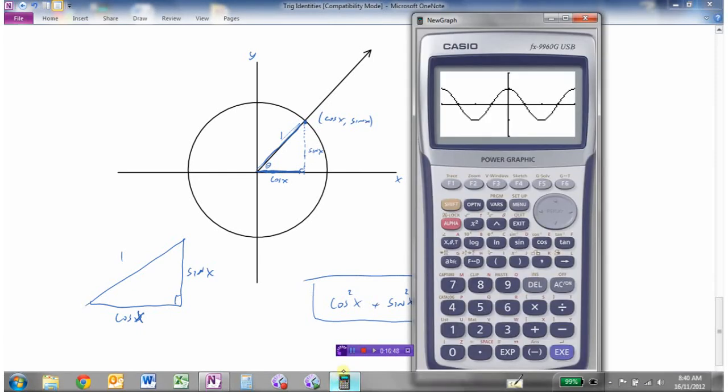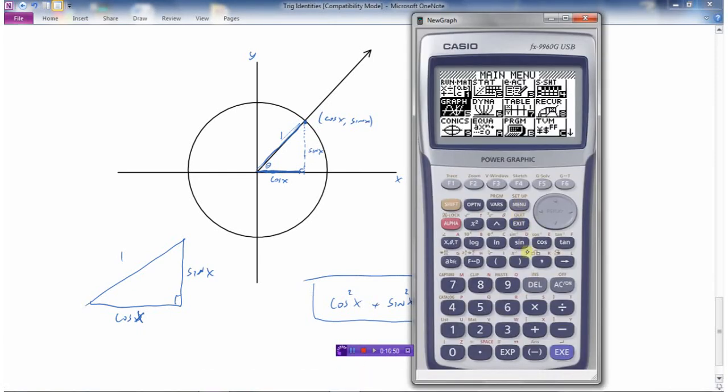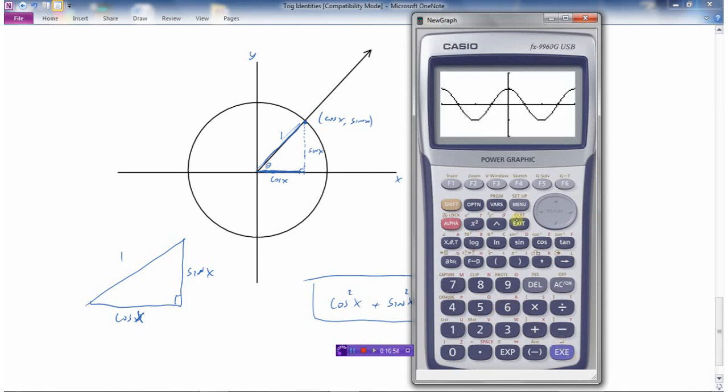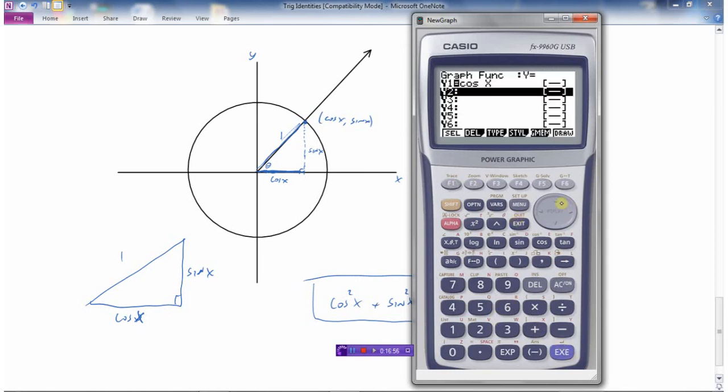And if we were to graph it, so bracket cosine x, the calculator, you got to enter it like this. It won't work if you do this, cos squared x.